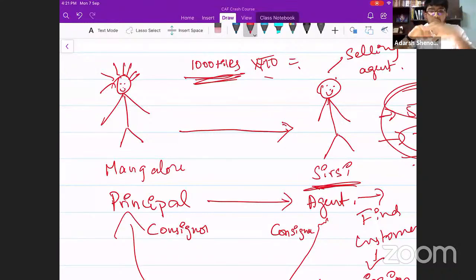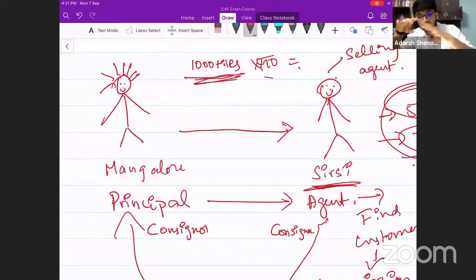Okay. So my question is, risk attached to the goods is on whom? There are some risk attached to the goods. Something might happen to the goods and all that. Is it with the consignor or is it with the consignee? Who has the risk? It is with the consignor only. When is the risk transferred from the consignor, and to whom is it transferred?